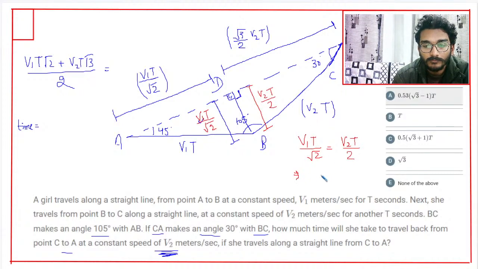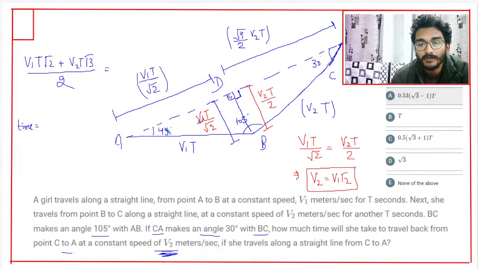So this is root 2. So v2 equals v1 root 2. So this is a relation between them, and let's just plug it here. So the time is what? Substituting the value of v2. Basically, I have to divide by v2.